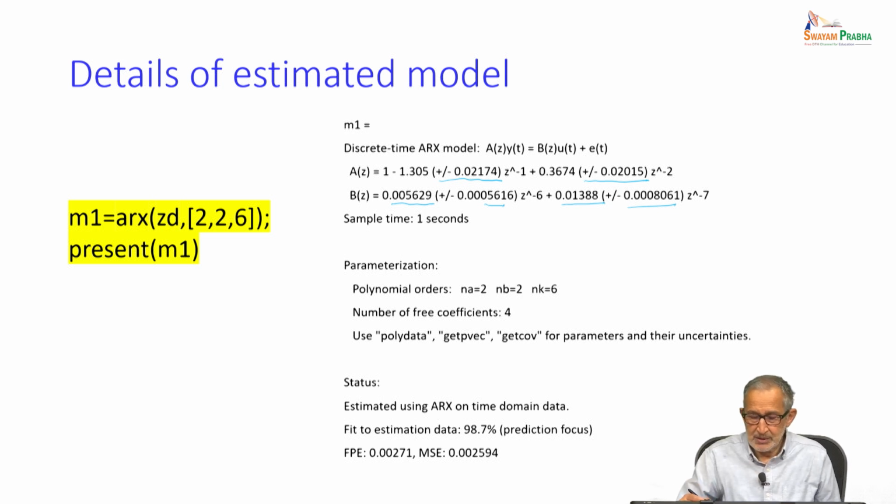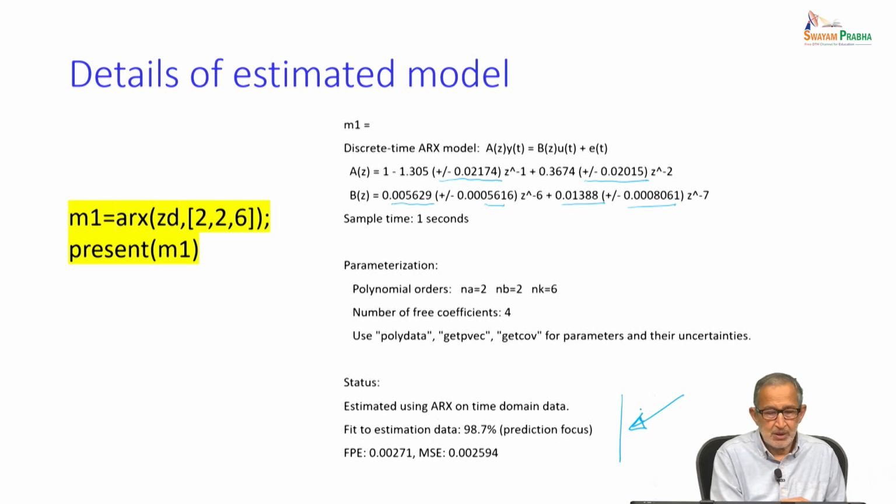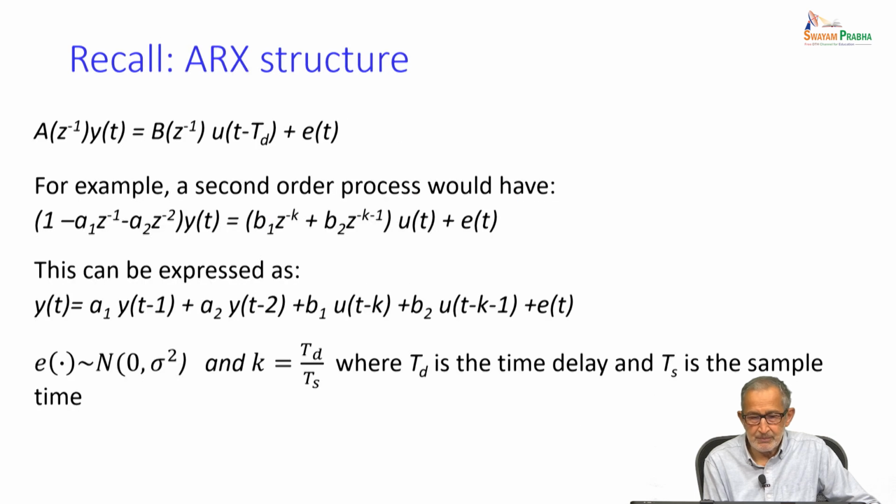And this is the additional output that we get from the arx function when we ask it to present the model type.